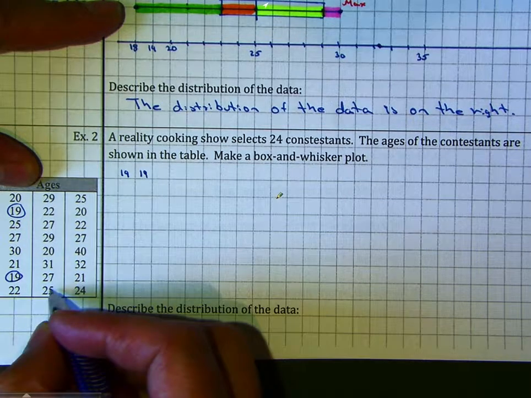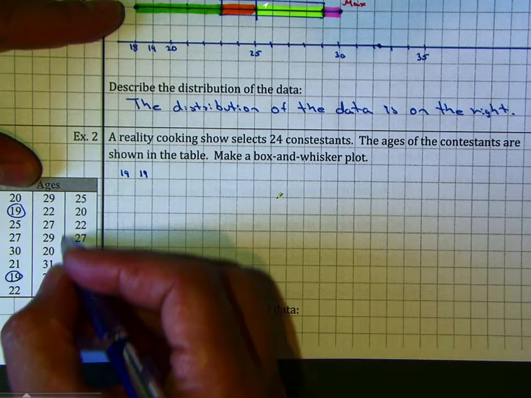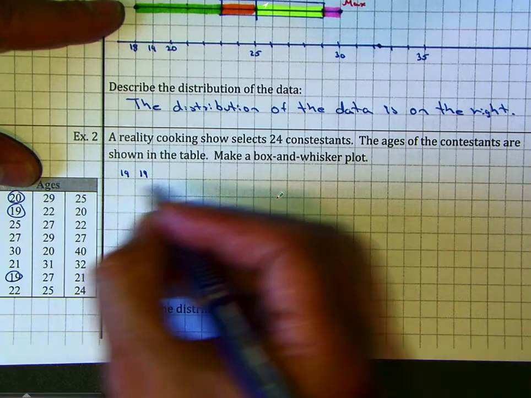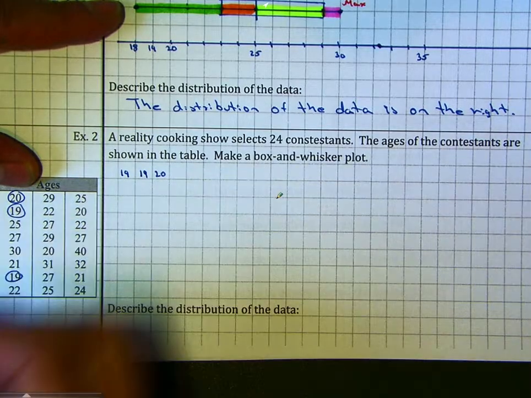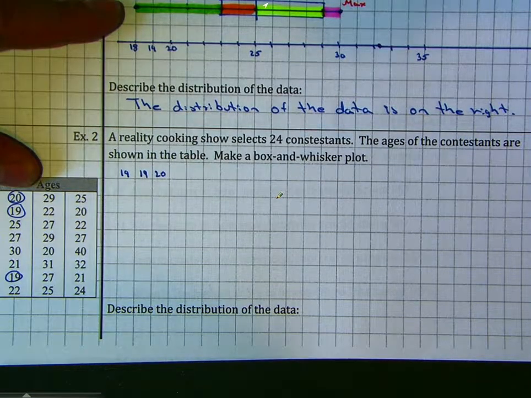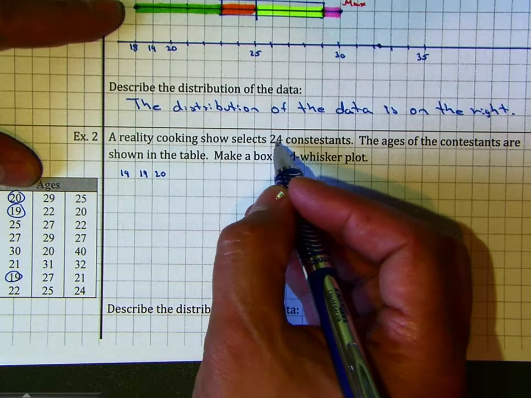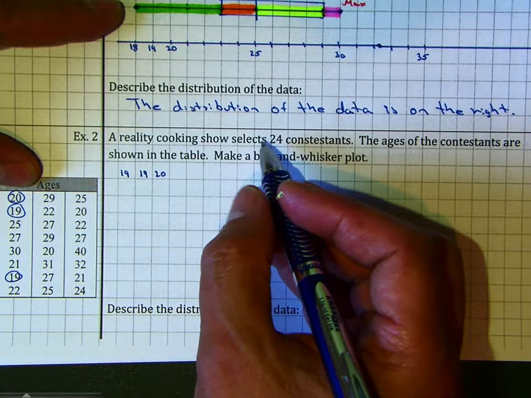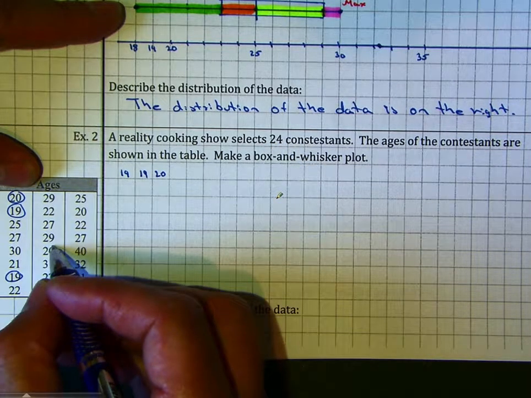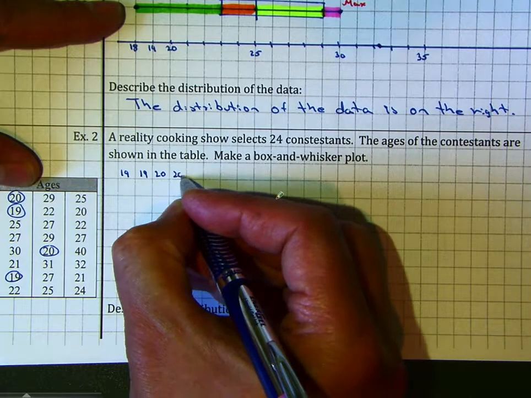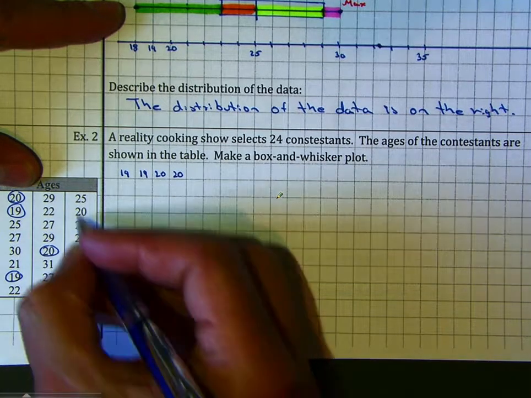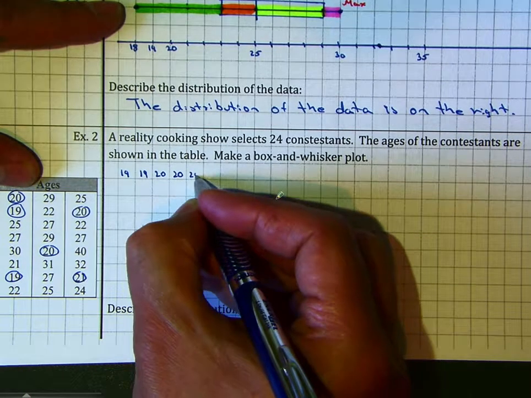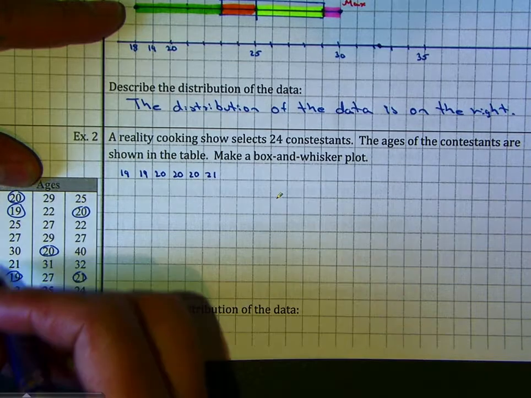I have another 19, no, I have a 20. And notice I circle them so I don't leave any of them behind. And then I want to make sure that I have 24. Then we have another 20. We have 21 and another 20. Then we have 21. Another 21.